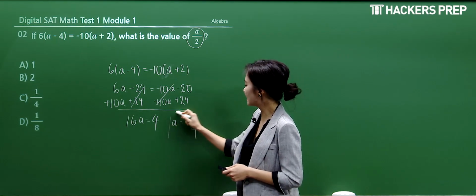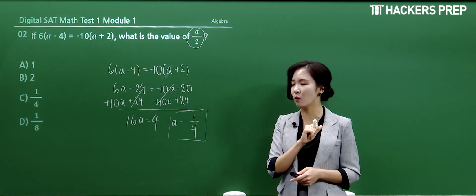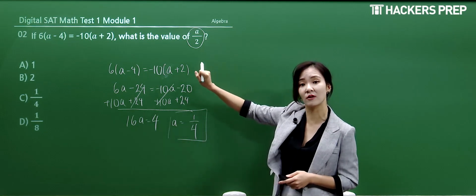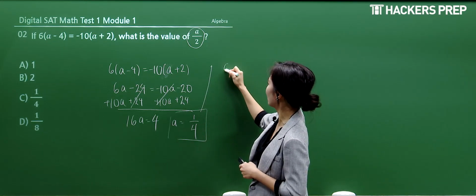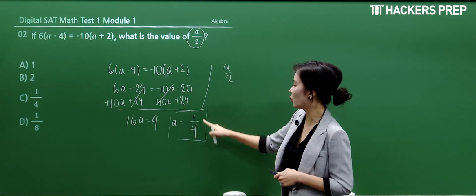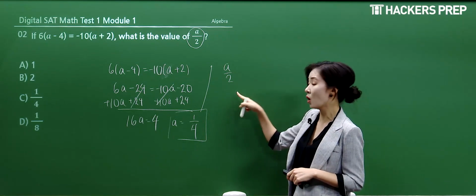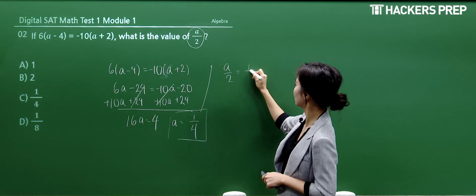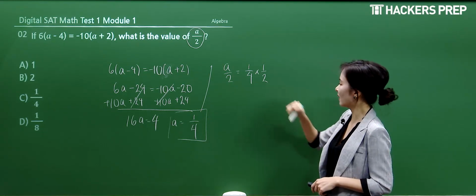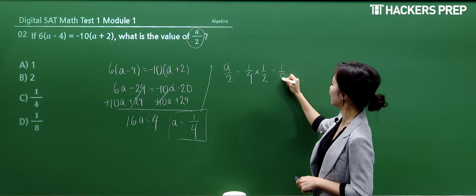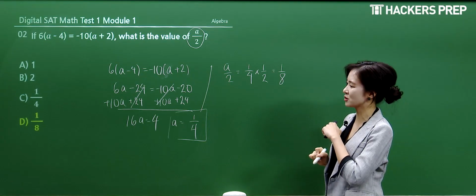Now, this isn't where we need to stop because we have one more step remaining, which is going to be solving for the value of a over 2. In that case, we're going to substitute that into a over 2, which is going to be 1/4 divided by 2, or in that case, 1/4 times the value of 1/2, and that's going to end up being 1 over 8, and so the answer is going to be D.